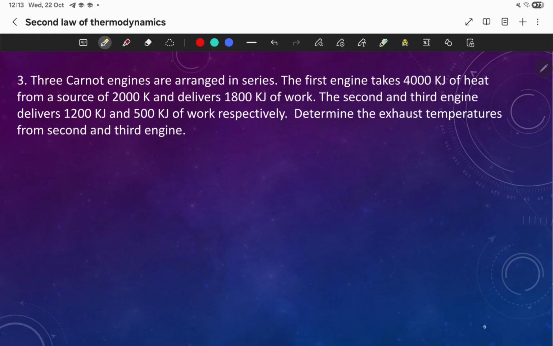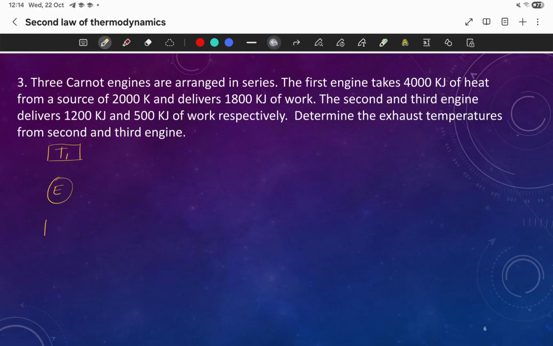Here we have T1, this is heat engine 1, and this is T2, E1, E2, T3. Let me draw it here.